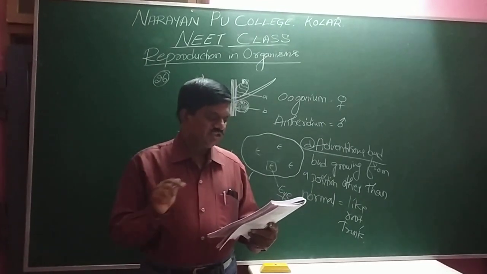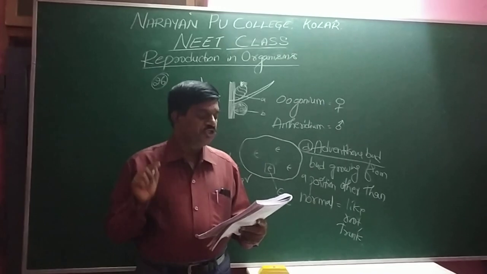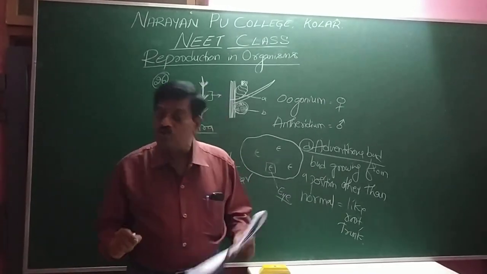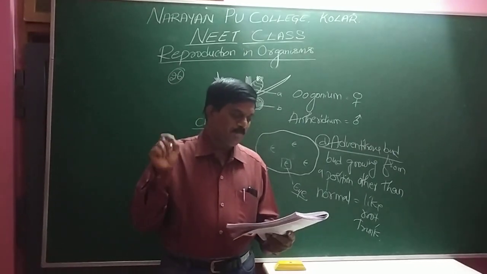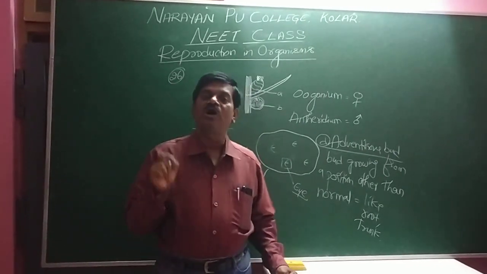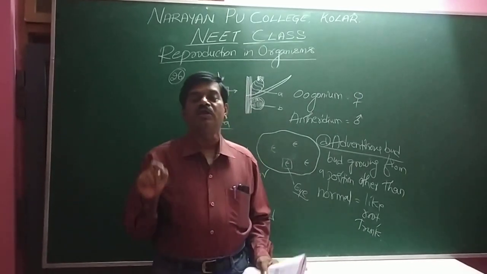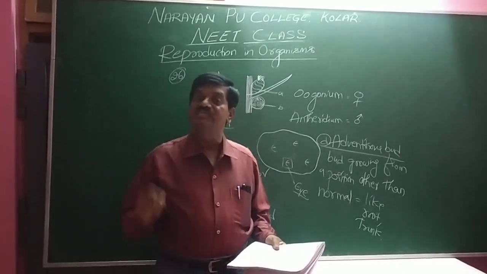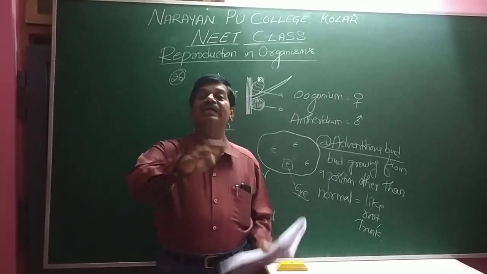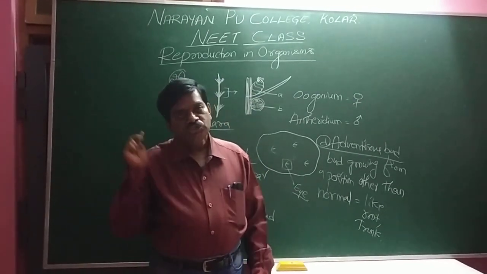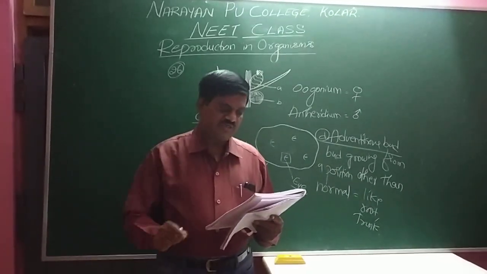Same height is also not the right option. The third one is same genome. The word genome is a complete set of chromosomes, or a complete set of DNA, the genetic material. So clone is nothing but an exact copy of a parent. So the third option is right: same genome.